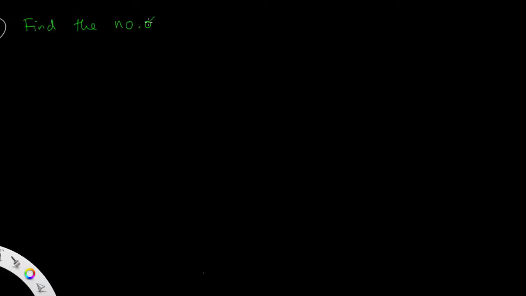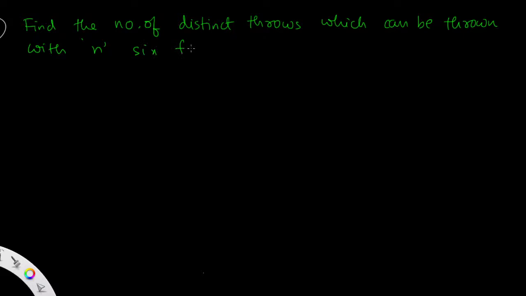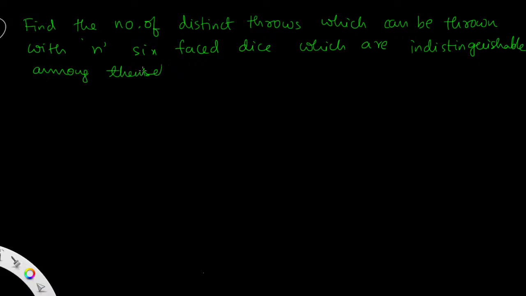Find the number of distinct throws which can be thrown with n six-faced normal dice which are indistinguishable among themselves is dash.